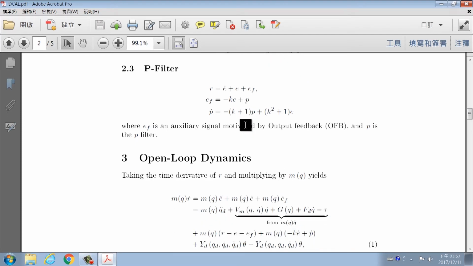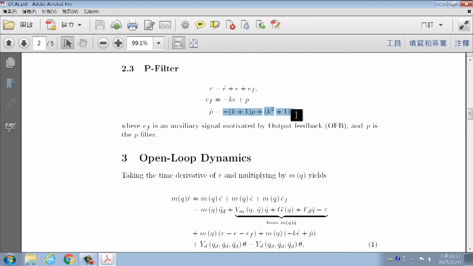So the approach is we define a P filter. P is the filter, and it follows this dynamics: P dot equals all these equations.